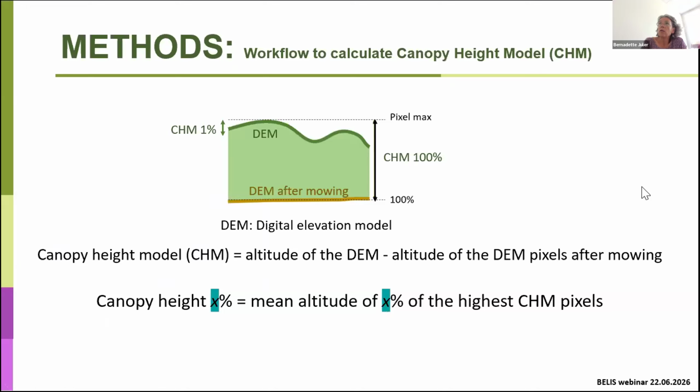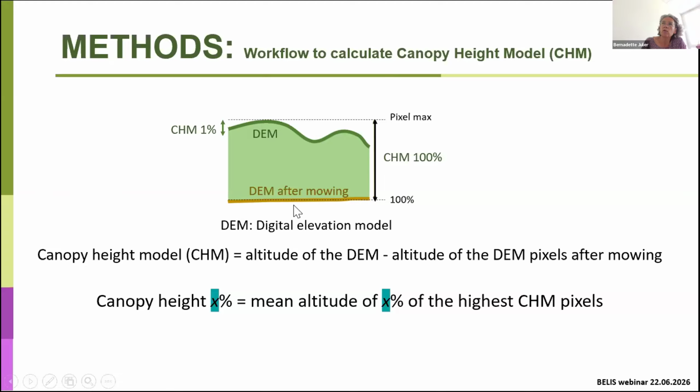Then we calculate the canopy height model. Here, to represent the system for a plot, the green line is for the DEM, and you see the altitude of the pixels in the plot, with some variation, of course. You have all the pixels, and you also have the DEM just after mowing.